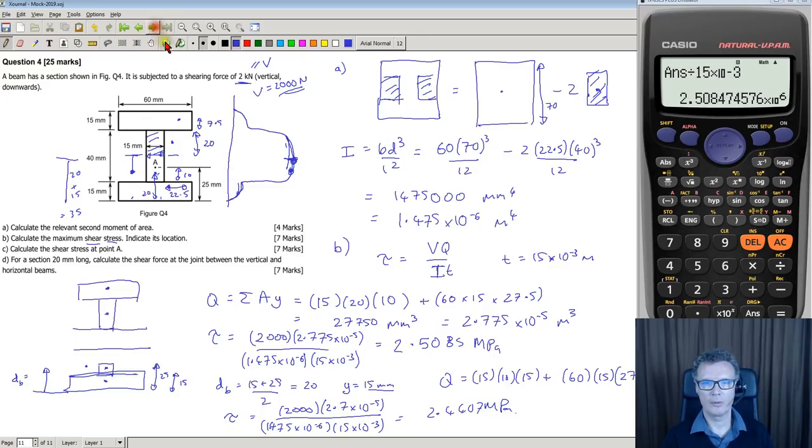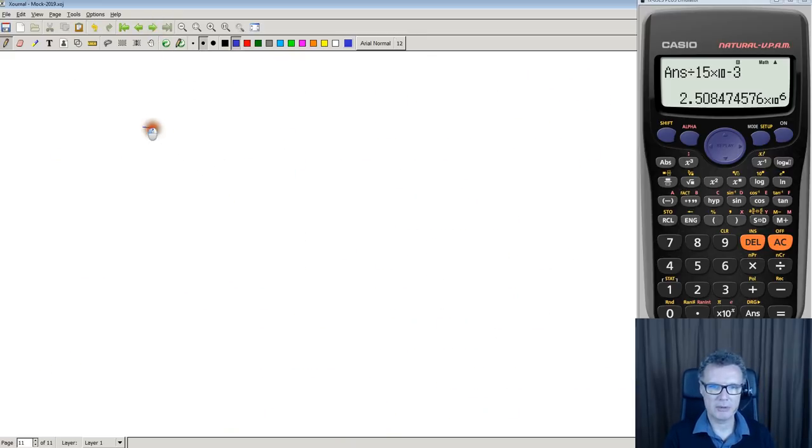I think in there we've got an I-beam and 20 millimeters is going like this.